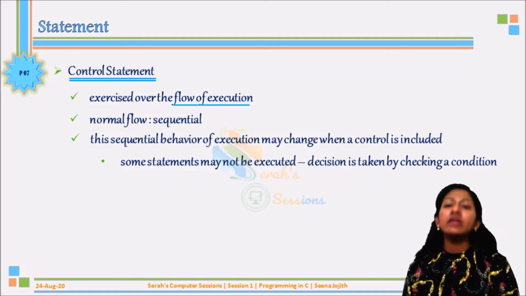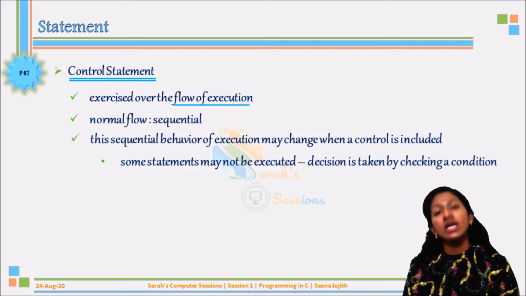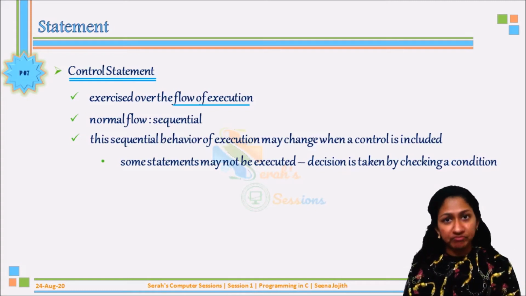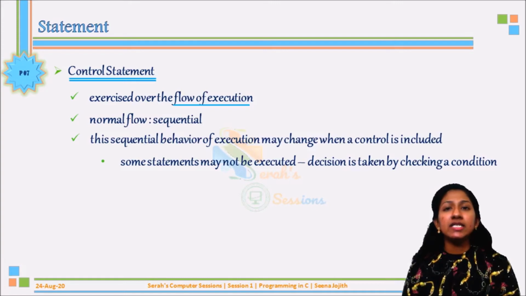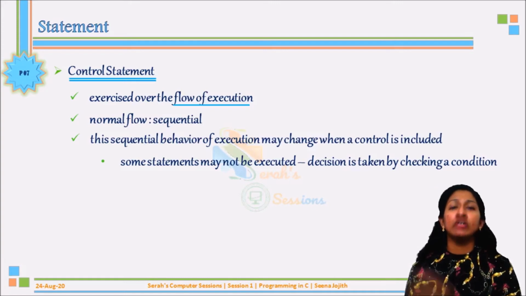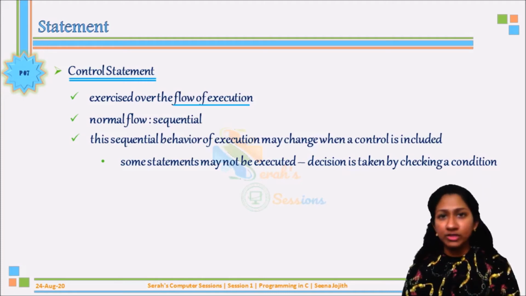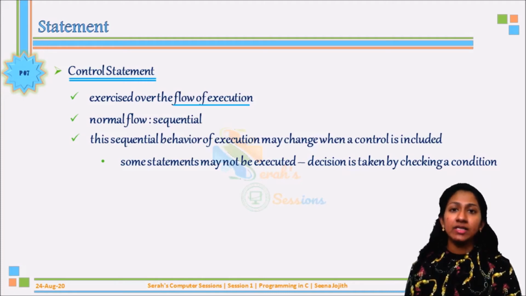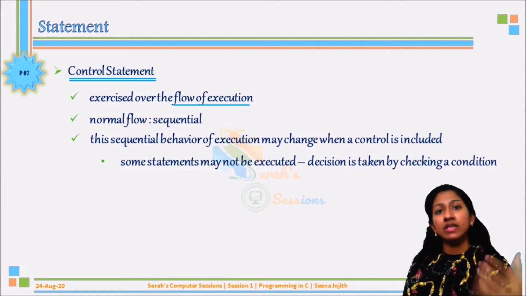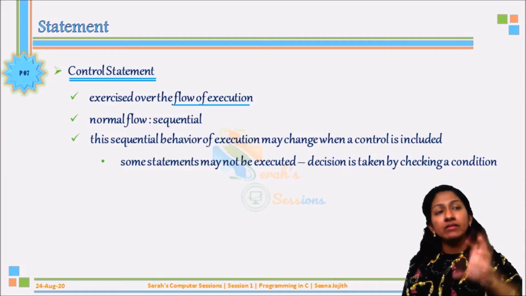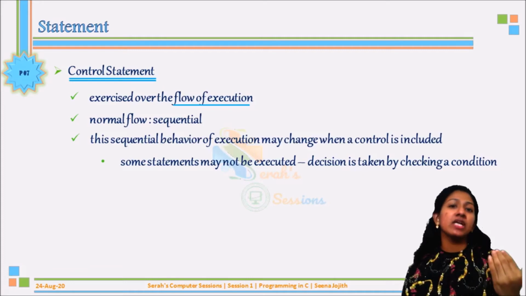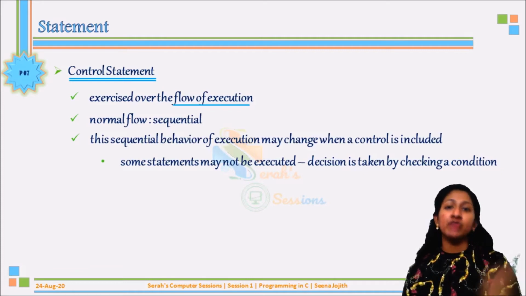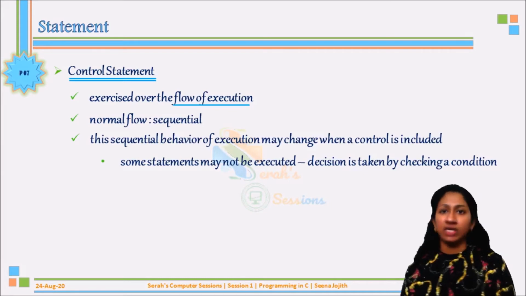Along with the different control statements we use comes a condition. That condition can be a logical condition, or an arithmetical expression that we are going to check. Depending on the result of the condition, the action will be taken, whether to break the sequential behavior or not.